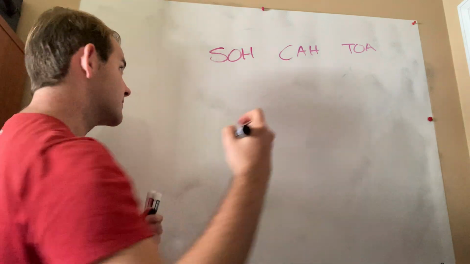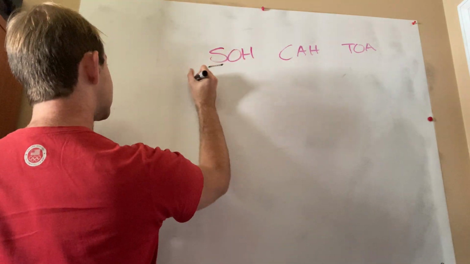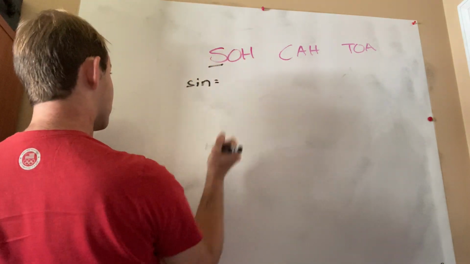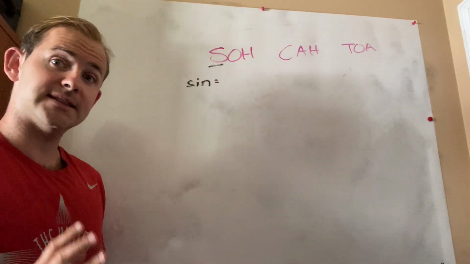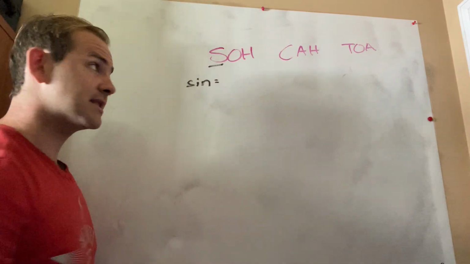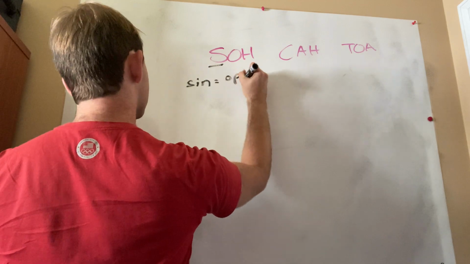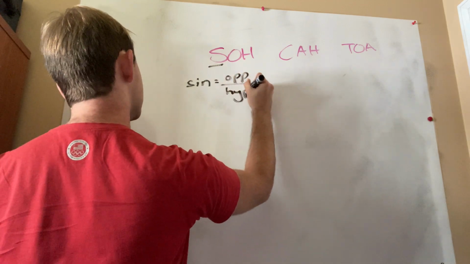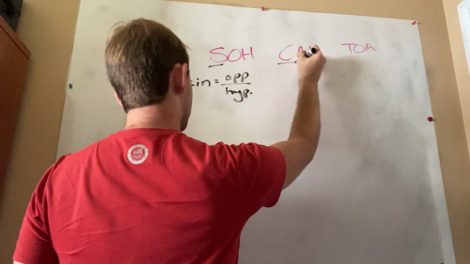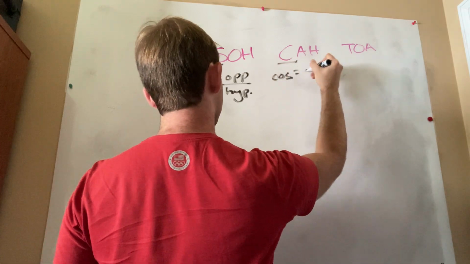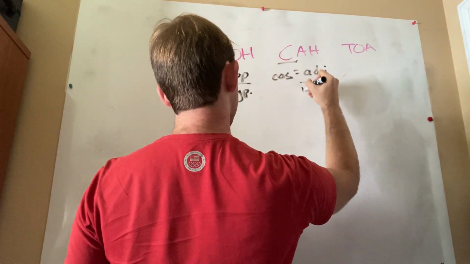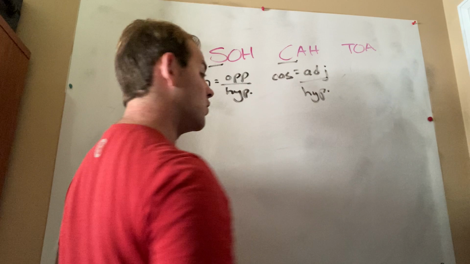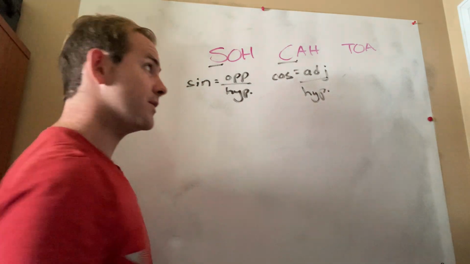SOHCAHTOA means that the sine, which I'm abbreviating here as sin, S-I-N, but it's actually pronounced sine, is the opposite over the hypotenuse. The cosine equals the adjacent over the hypotenuse.